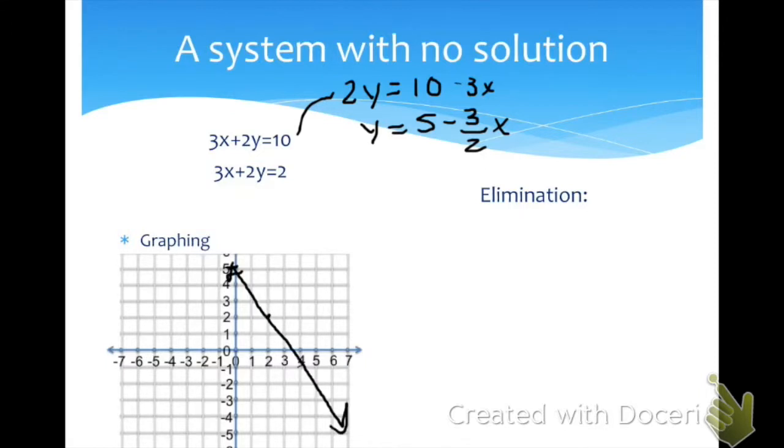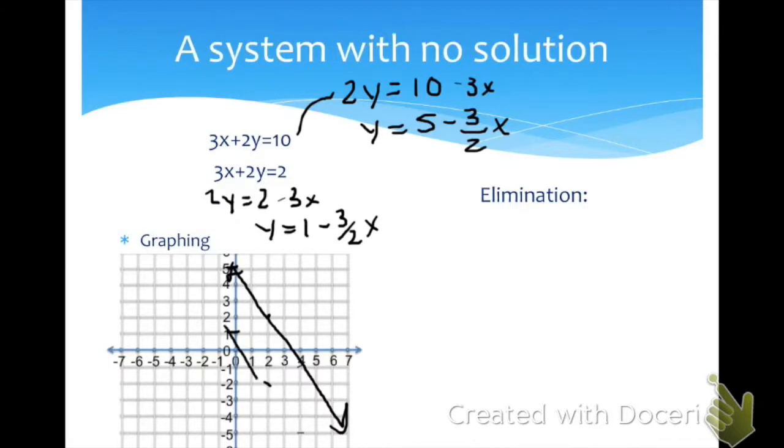Then I go to solve this other one, and I would get 2y equals 2 minus 3x, and we get y equals 1 minus 3 halves x. So my y-intercept is 1. Go down 3 over 2, down 3 over 2.